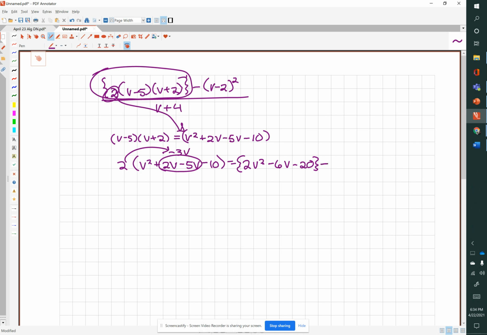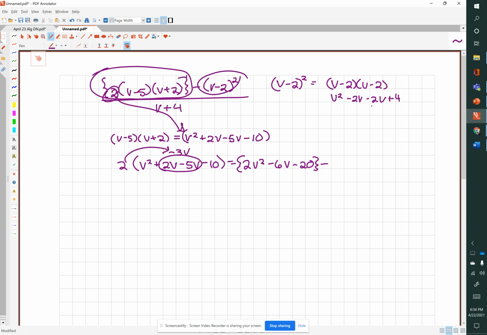And from that, we have to subtract this. So v minus 2 squared equals v minus 2 times v minus 2. If we FOIL that, we have v squared minus 2v minus 2v minus 4, or plus 4.